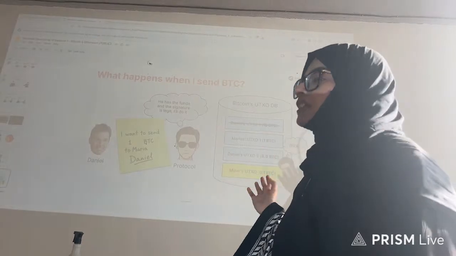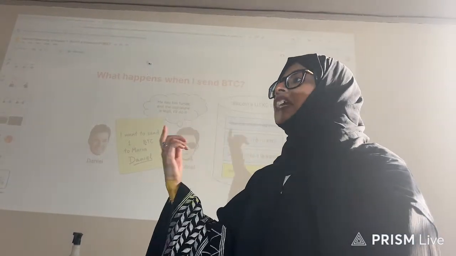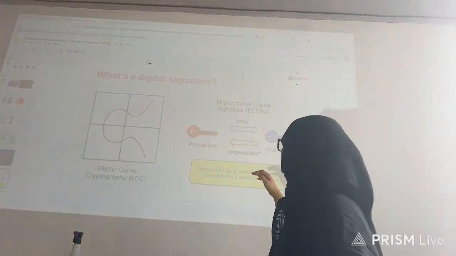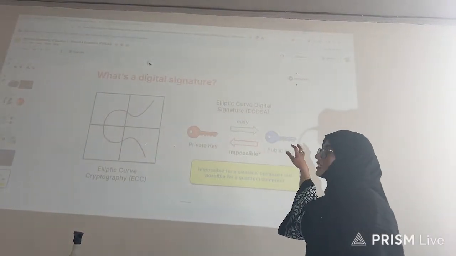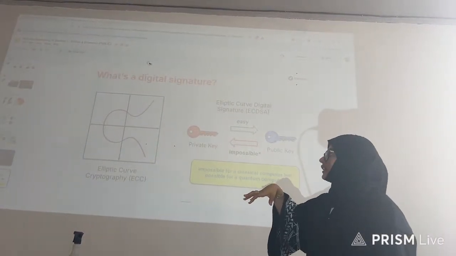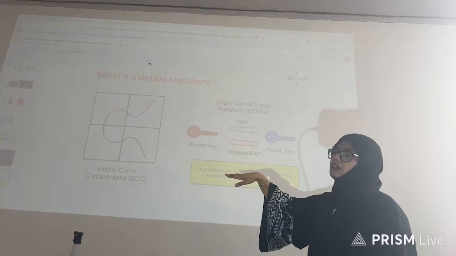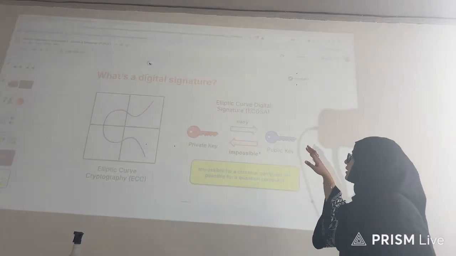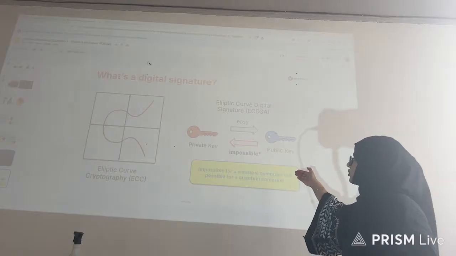Now, how do transactions work? You need your private key and your public key to send out transactions. The digital signature that we are talking about uses elliptic curve cryptographic algorithms, an ECDSA signature.